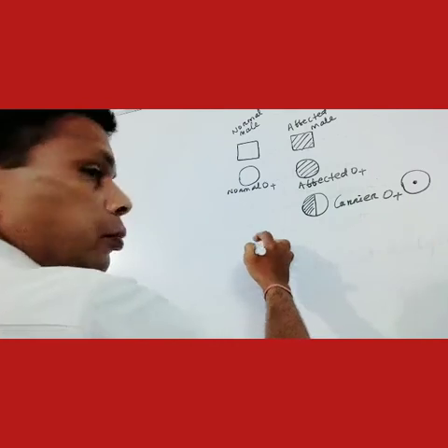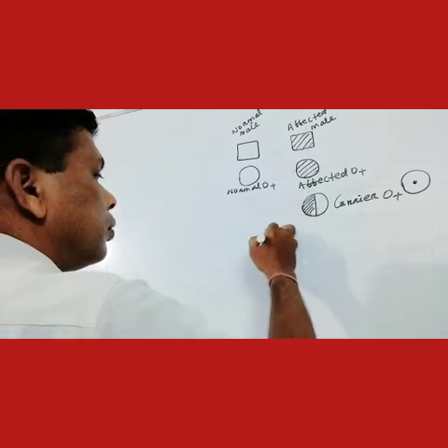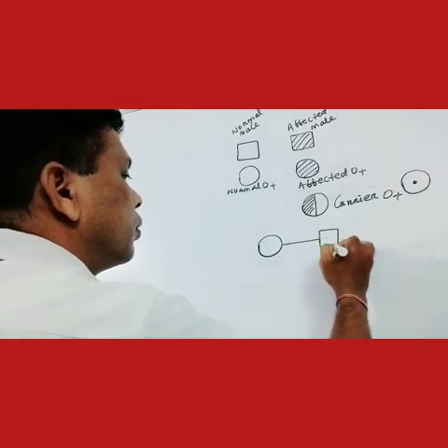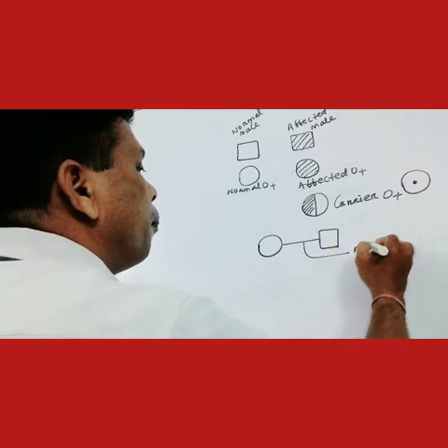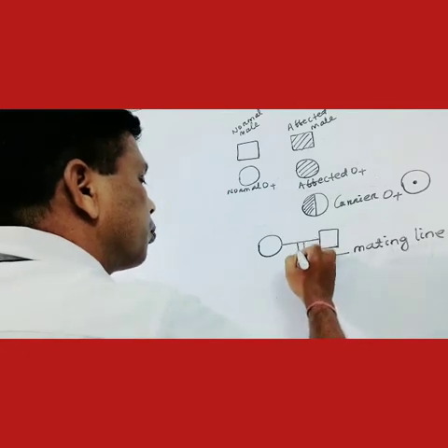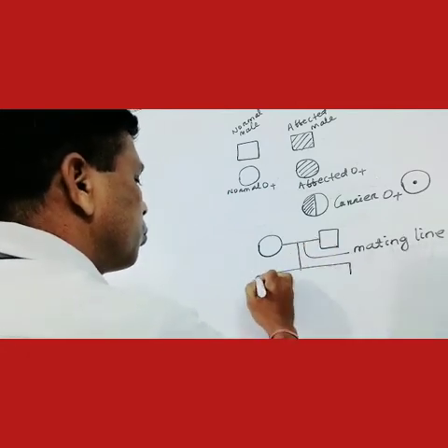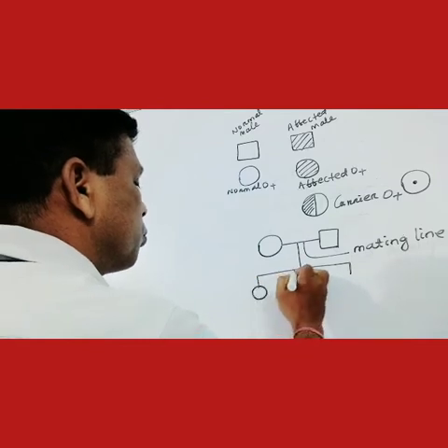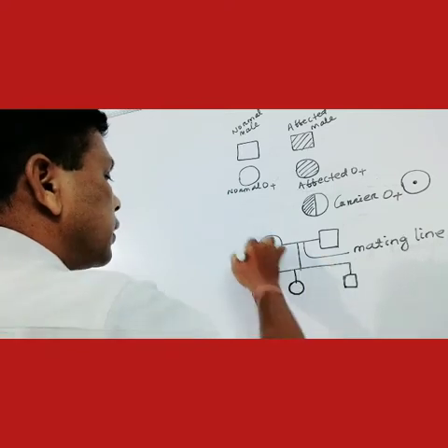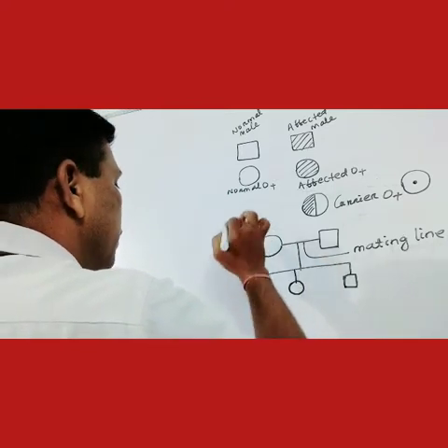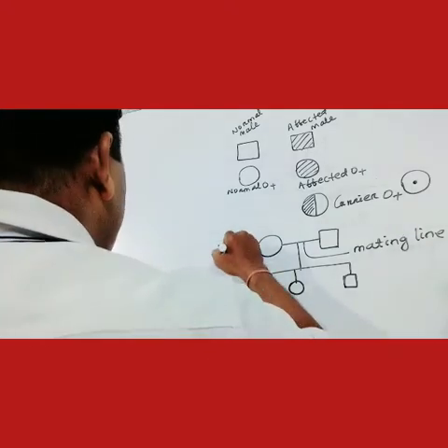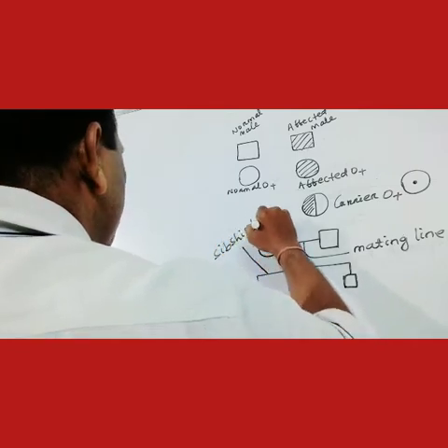Then, this is the mating line. This line is the sibship line.